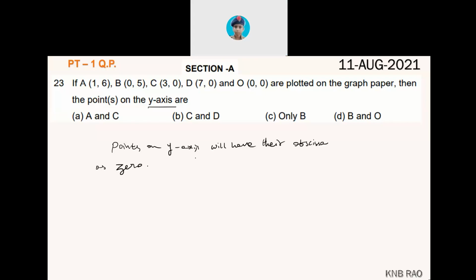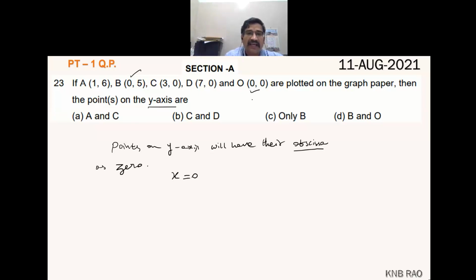X coordinate is also called abscissa. Watch which are those. B has got 0, 5, abscissa 0. D and O. O has abscissa 0. So these 2 points alone will lie on the y-axis. So the right option is D. Understood? That's how you have to tap the knowledge.